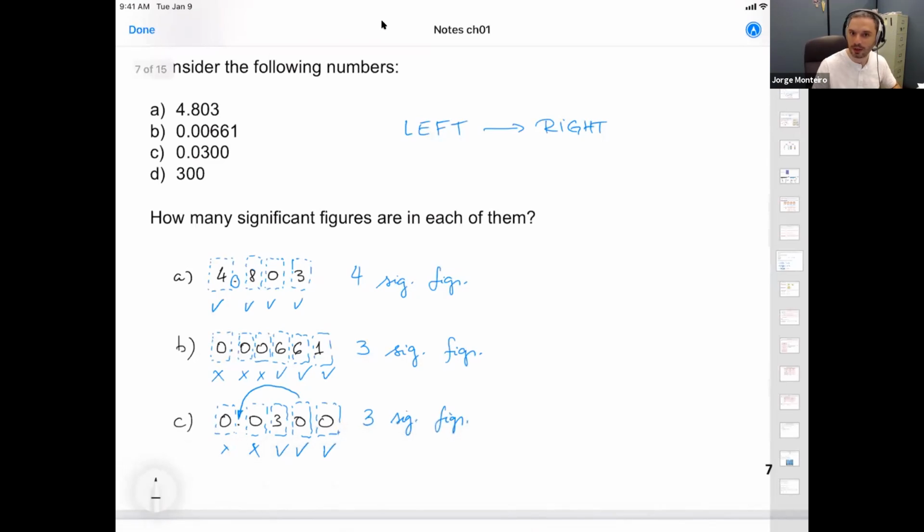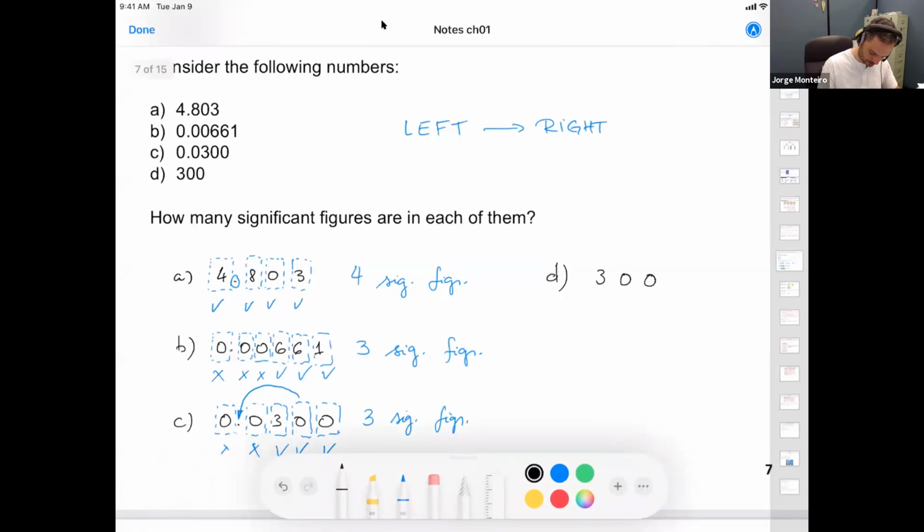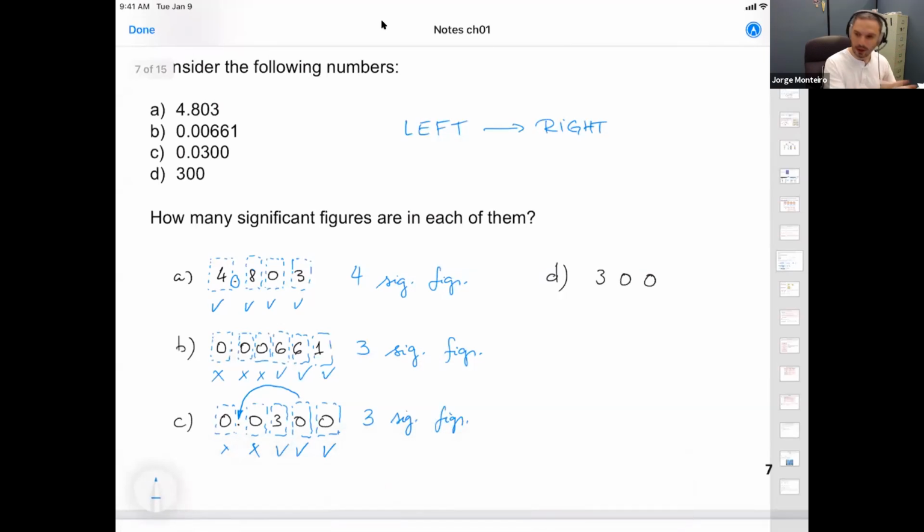Just give me 1 minute and I will finish the last one here and you guys can go, okay? 300. Always look left, move towards the right. First digit is a non-zero, so therefore it is significant. After this digit, we have a 0.